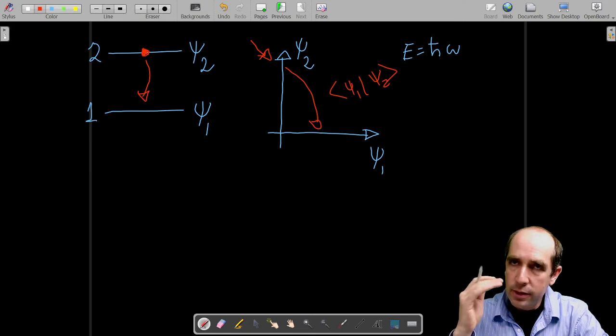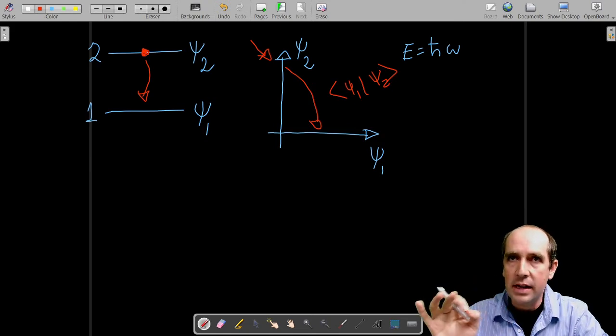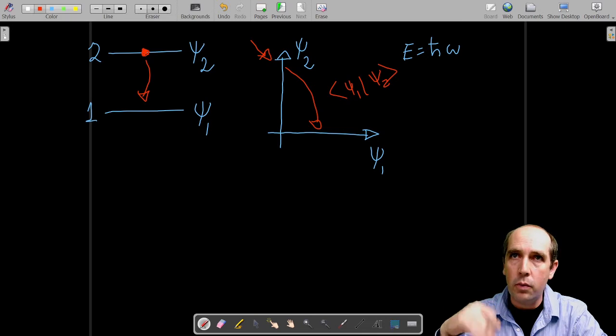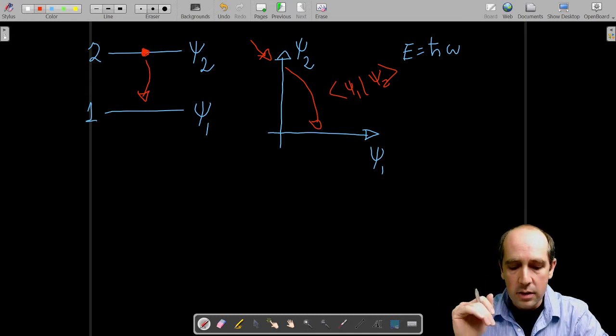So if you think about it, what I said here is absolutely pristine and very clear. If I prepare the system in state number 2, and state number 2 is orthogonal to state number 1, the probability of finding the system in state number 1 after a while, without any interactions, is exactly zero.